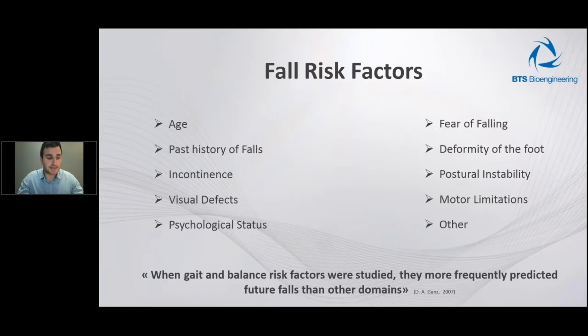But in this context, the literature affirms that the gait and balance risk factors are the most studied and the factors that best predict the risk of fall. For this reason, usually the clinics evaluate the risk of fall.